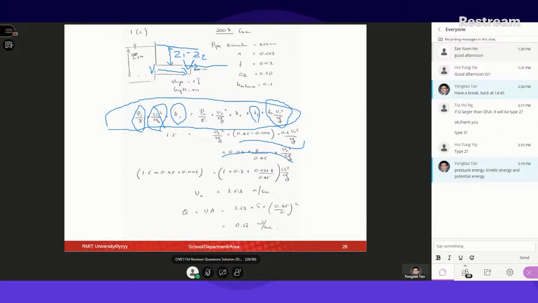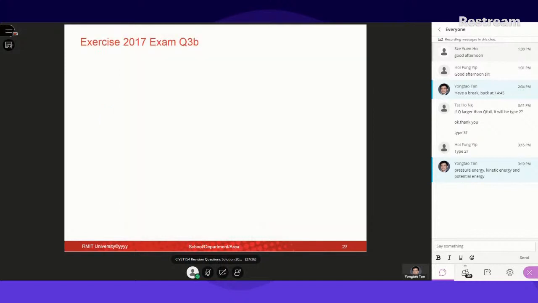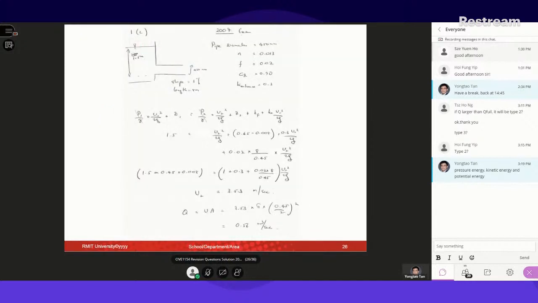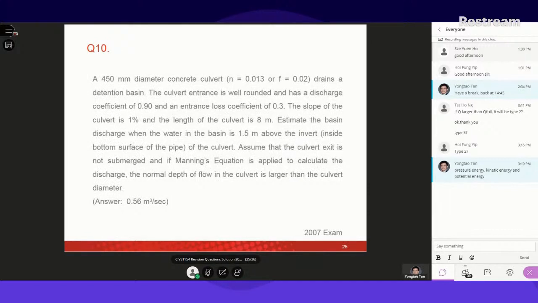So you can easily find out the velocity here, and also find out the Q, the discharge rate in the culvert. So that it is 0.56. Okay, this one you don't need to check because it is also mentioned that it is type 2.